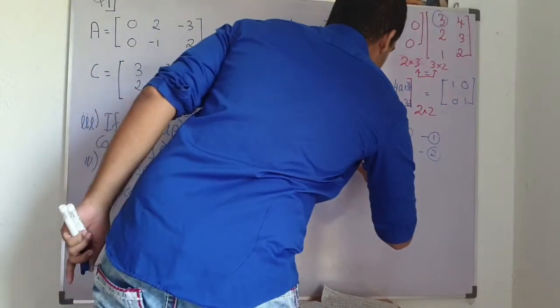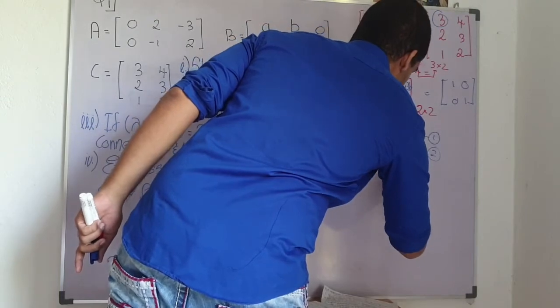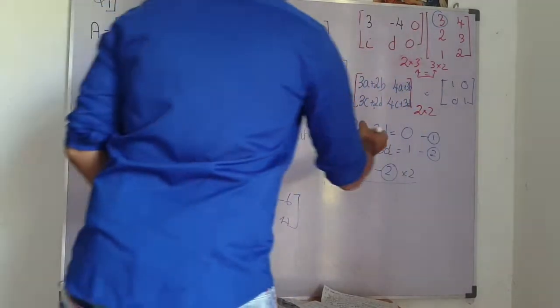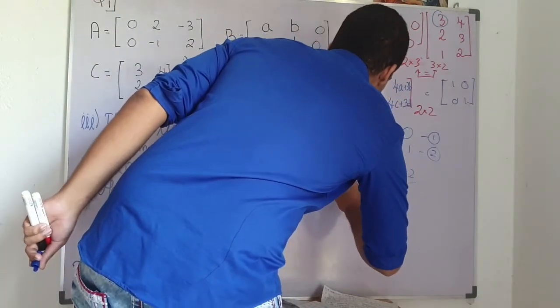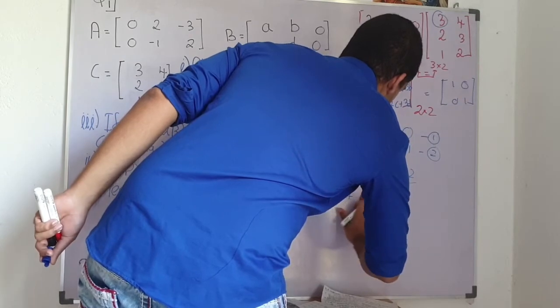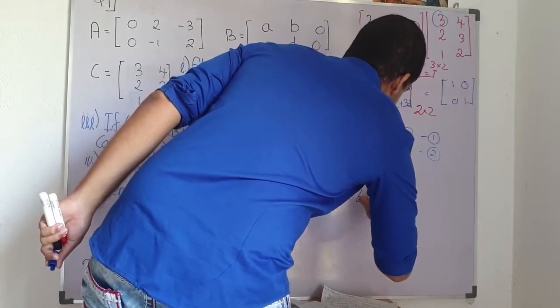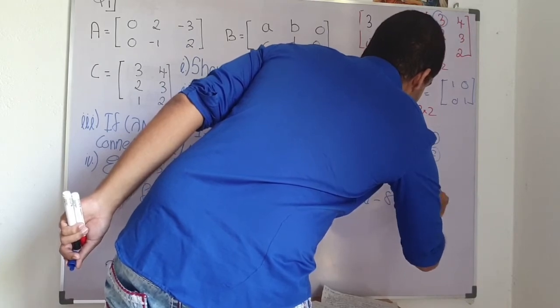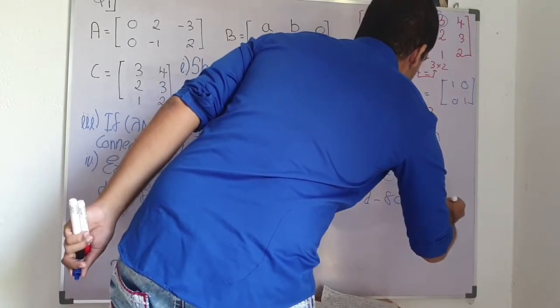So this will be multiplied by 3, minus the second one multiplied by 2. So 1 into 3 minus 2 into 2 will be 9c plus 6d minus 8c minus 6d equals 2 into 2 will be 2.